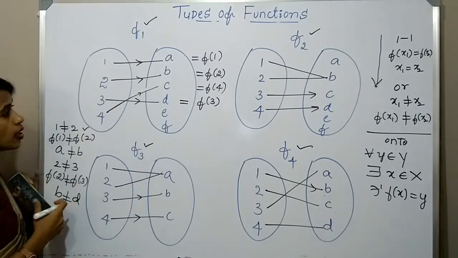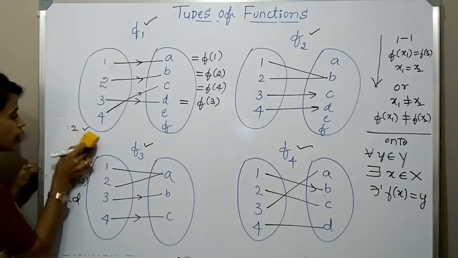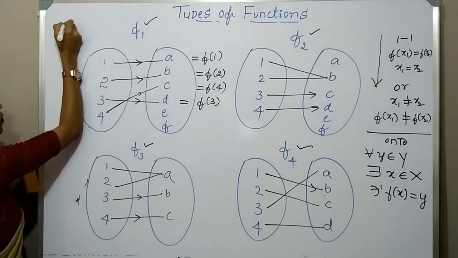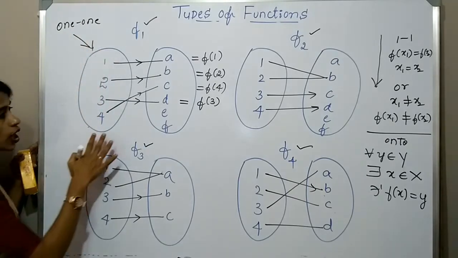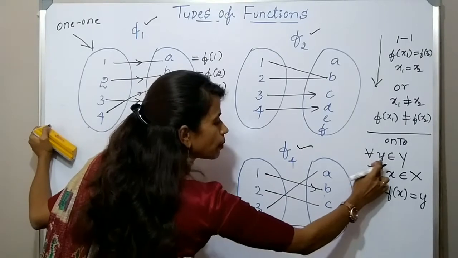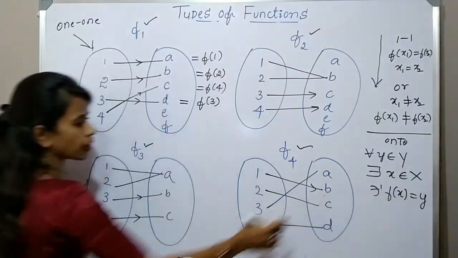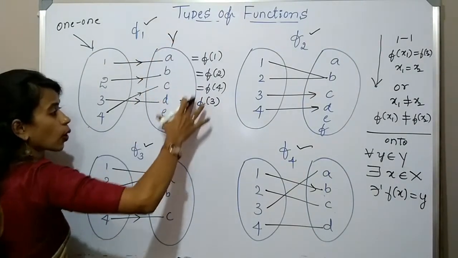Is it okay? So, let us check for onto. For the function f1, it is clearly one-one. Next, what about onto? What is the definition for onto? For all y belongs to Y, there exists x belongs to X such that f of x is equal to y. It means take any element of the set Y, that is the codomain.